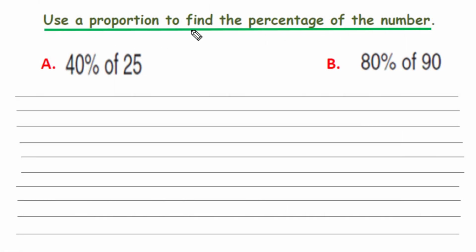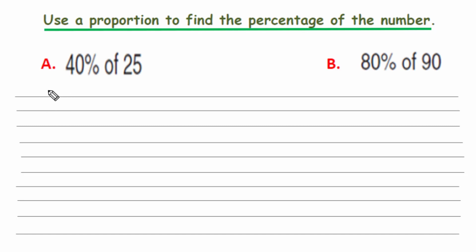Next, use a proportion to find the percentage of a number. To find the percentage of the number, we will use the proportion. It's easy. Just write part over whole is equal to part over whole for the percent and for the values.